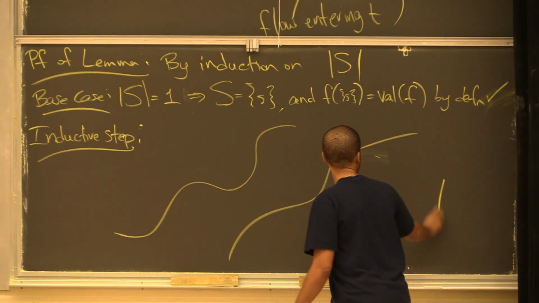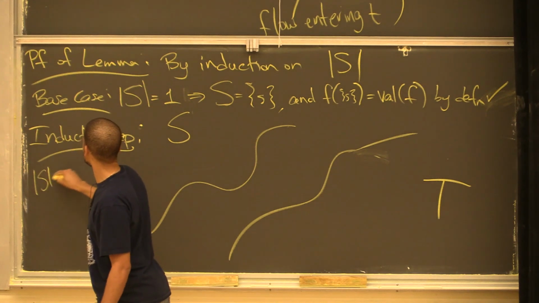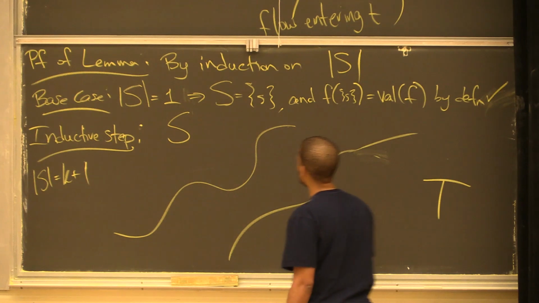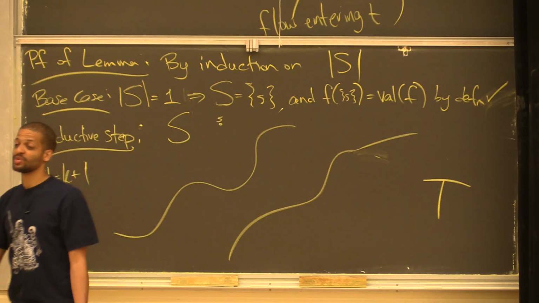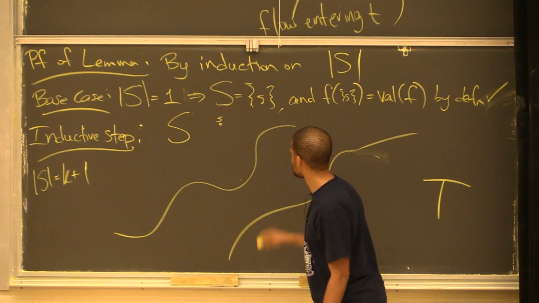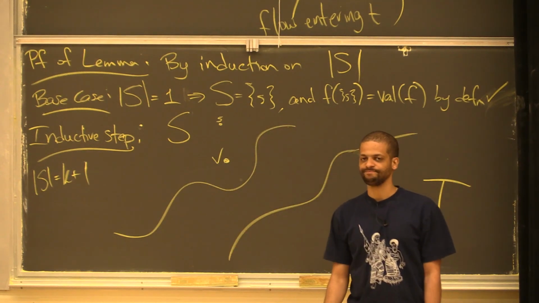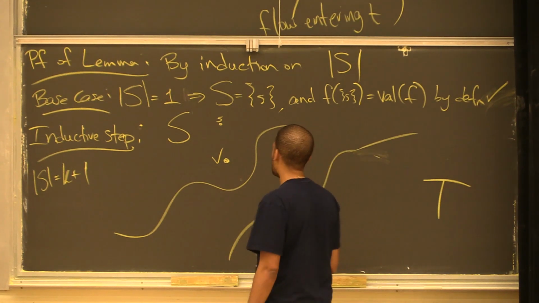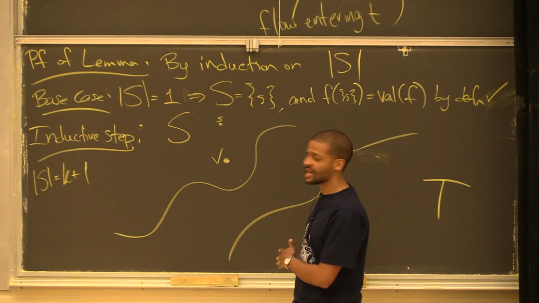So let's say here is T, here is capital S, and this capital S has size k plus 1, and we're trying to show that it's true. We know little s is in here, and since capital S has size at least 2, we know there's some other vertex in here which is not little s. Let's just pick an arbitrary one and call it V. Okay? Now, as a thought experiment, let's imagine moving V to the other side of the cut.